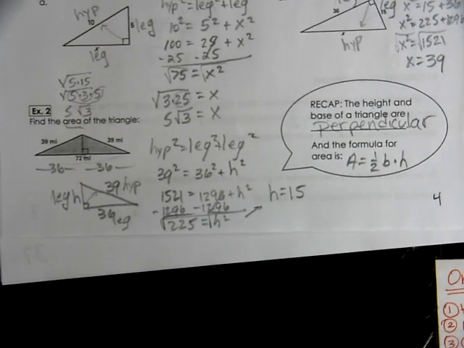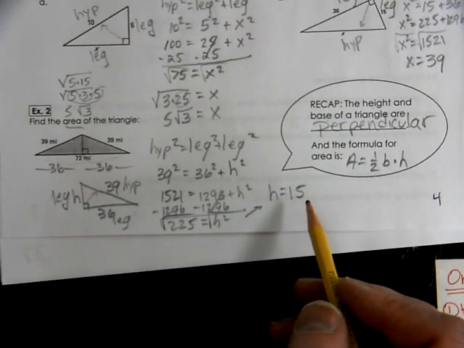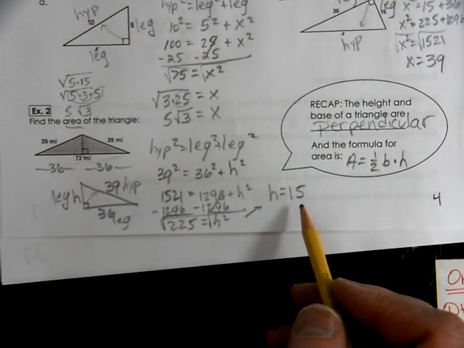A length is a positive value. So we're not going to consider the negative being a possibility. But in terms of your future classes, you would need plus or minus 15 in that spot. But for our terms and purposes, it's just a positive 15.